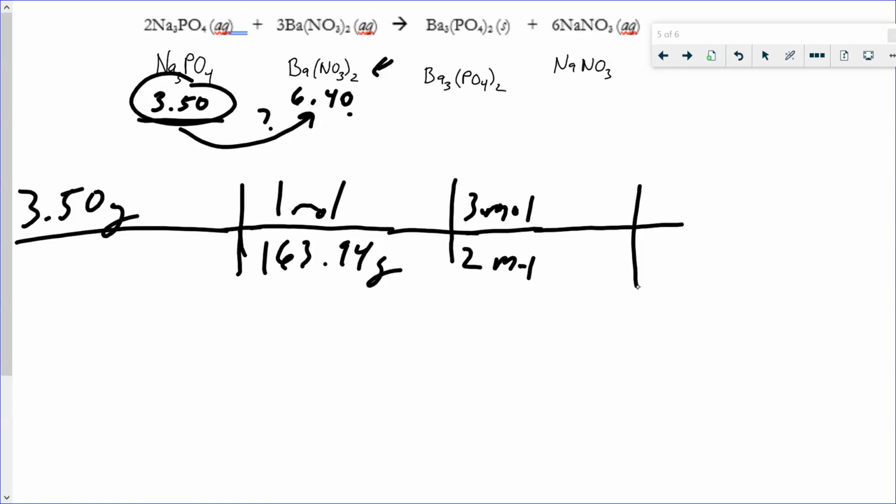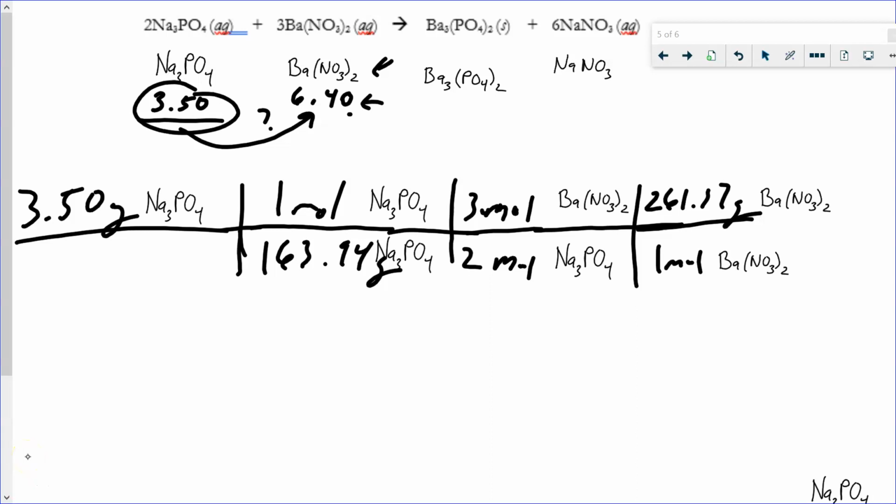Again, you can stop at moles if you want, but we need to get this to grams so we can compare the 6.40 here to how many grams we would use at the 3.50 grams. And so we know 1 mole of the barium nitrate has a molar mass of 261.37. So here it is with the units in there, and when we calculate this, we see that we get 8.37 grams of the barium nitrate that would be used.